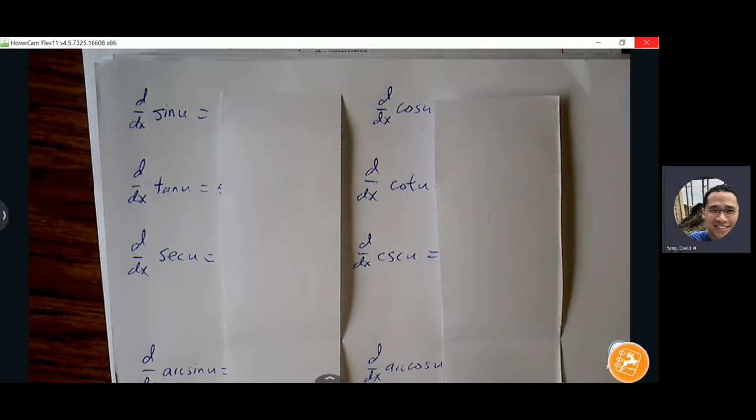Tangent and cotangent have similar patterns. Secant and cosecant have similar patterns. All the C functions produce negative derivatives. And the similarity is this: sine and cosine only involve each other for their derivatives. Tangent and secant only involve each other for their derivatives.